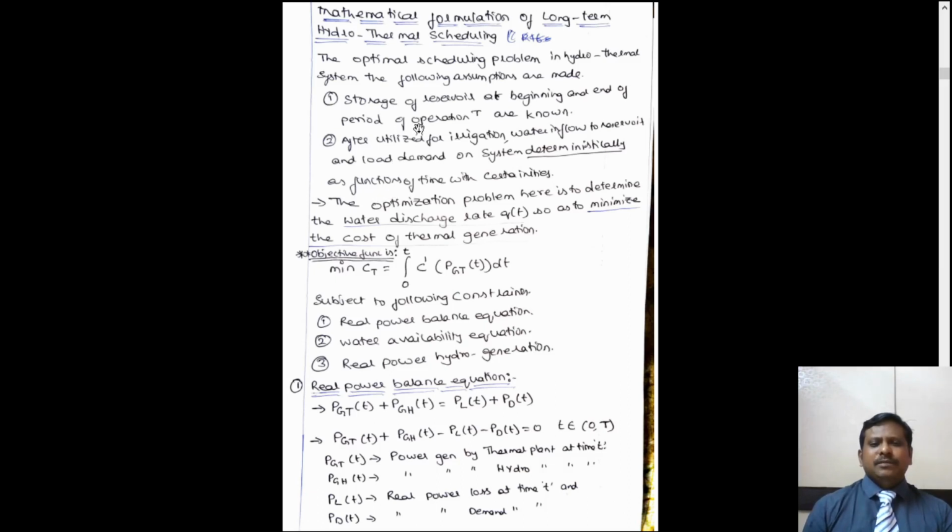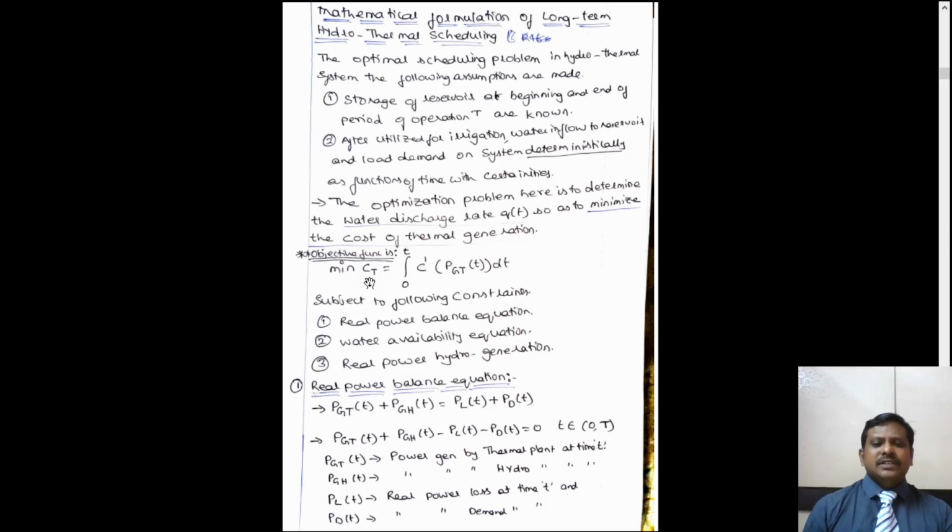So here, when the water is utilized, definitely the head of the reservoir will change. That we have to know. These are some assumptions here. So the optimization problem here is to determine the water discharge Q of T so as to minimize the cost of thermal generation. So the main objective function is to reduce the operating cost of the thermal power plant, right?